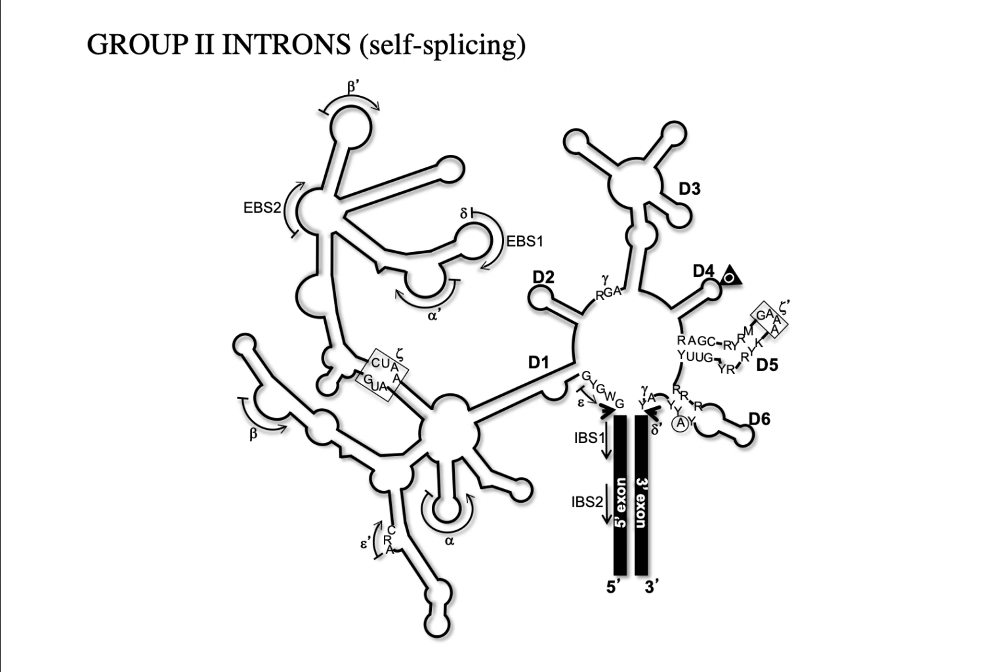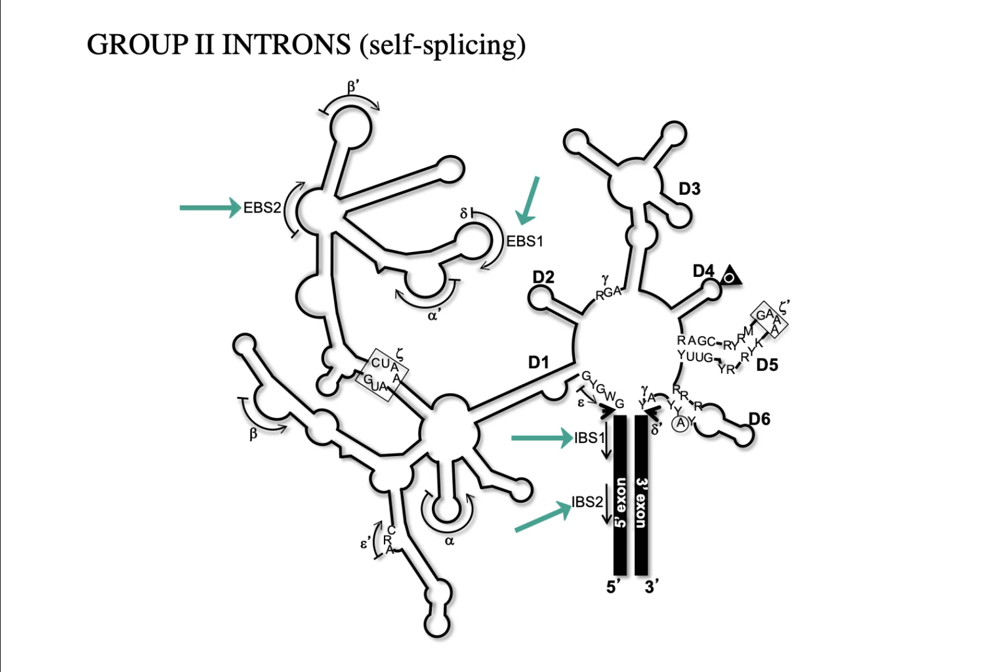There are the dark lines down there, the 5' exon and 3' exon, which pair up. The 5' exon has internal binding sequence 1, IBS1, and IBS2, and those pair with external binding sequences EBS1 and EBS2.